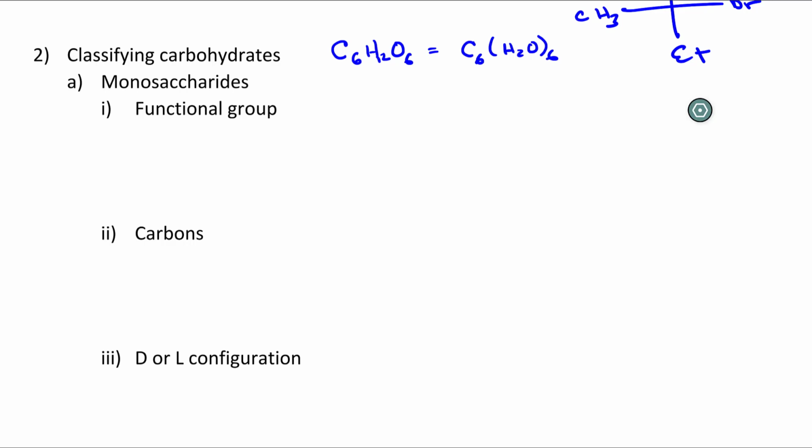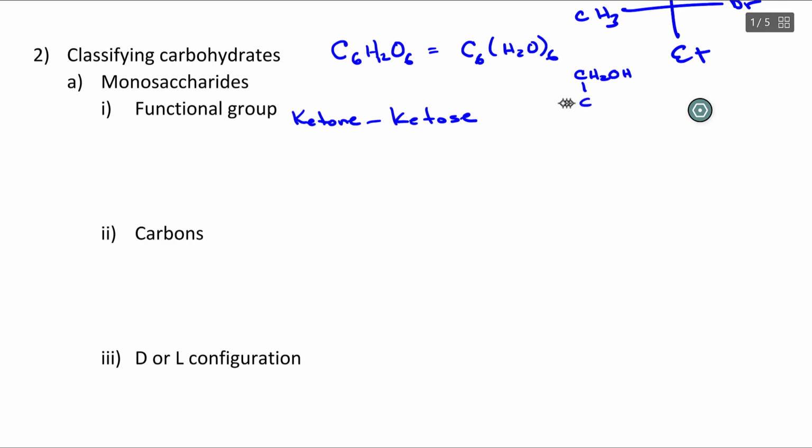So let's talk about the types of monosaccharides that you can have. You can have monosaccharides that contain ketone functional groups, and these are known as ketoses. Typically, the structures will look something like this. There are polyalcohols as well.